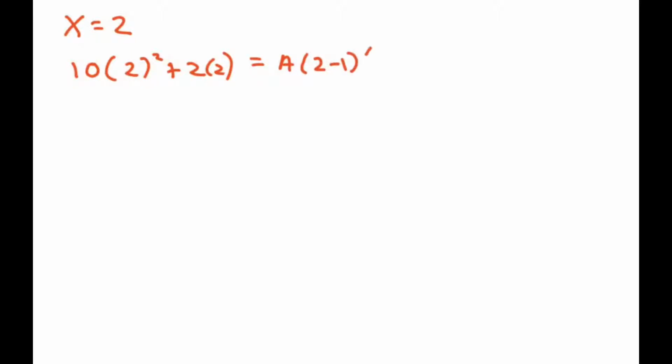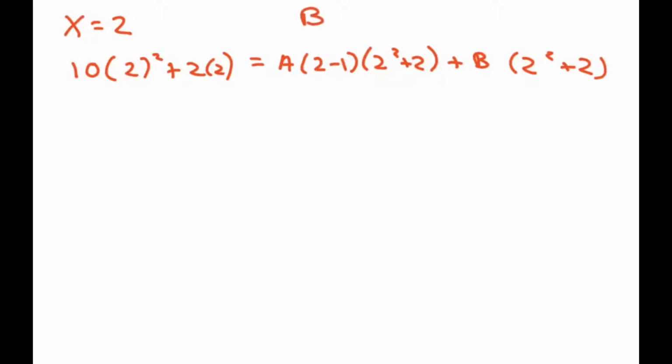So now let's let x equal 2. Then we have 10 times 2 squared plus 2 times 2 equals a times 2 minus 1 times 2 squared plus 2, plus b times 2 squared plus 2.